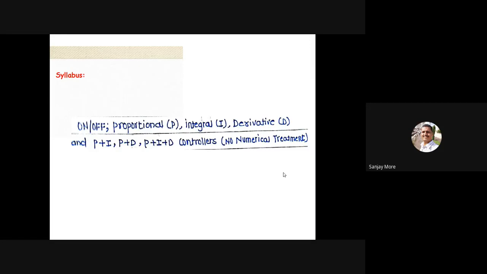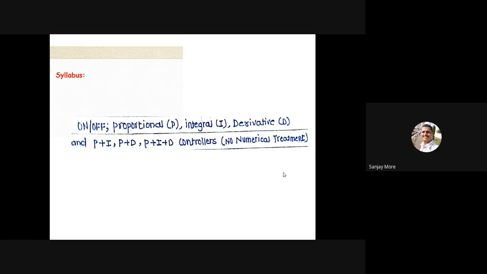Then P plus D means proportional plus derivative controller. And then PID, proportional plus integral plus derivative controller. No numerical treatment, only the theoretical part is there. Okay, so the simple first point is the on off controller. In on off control only two outputs are there, that is on and off.